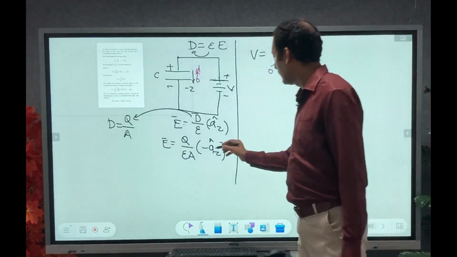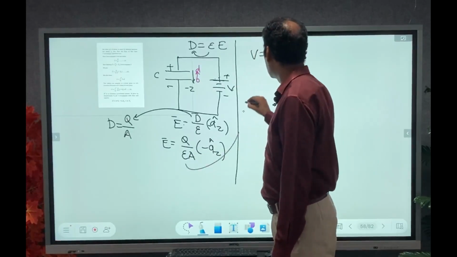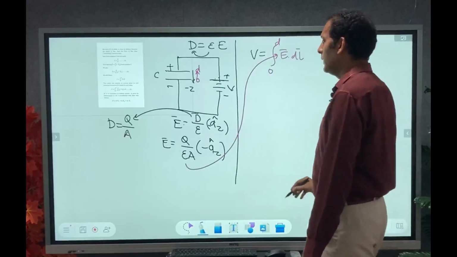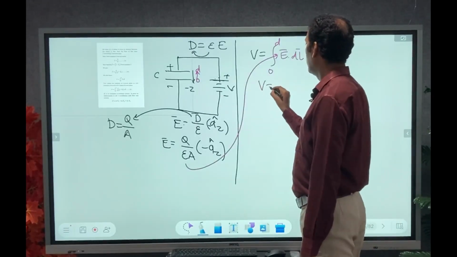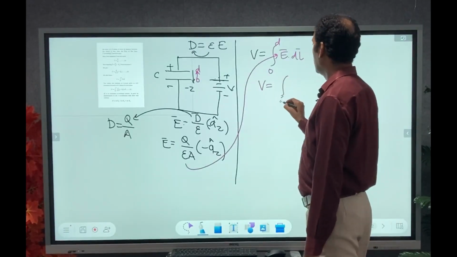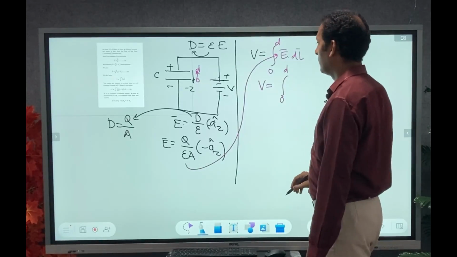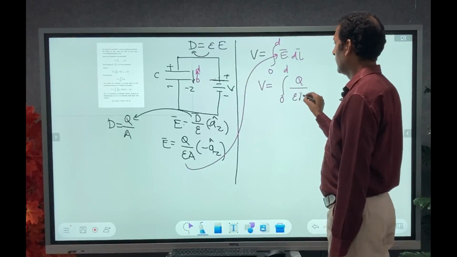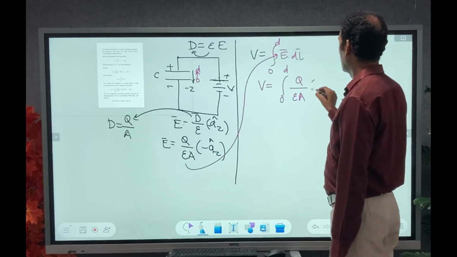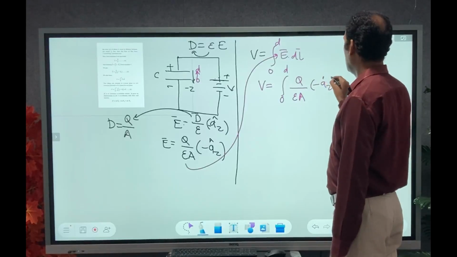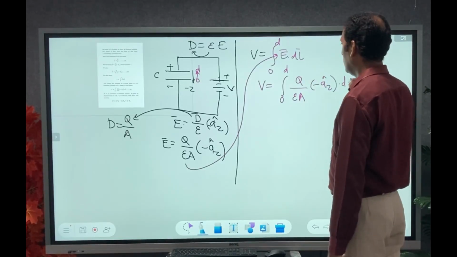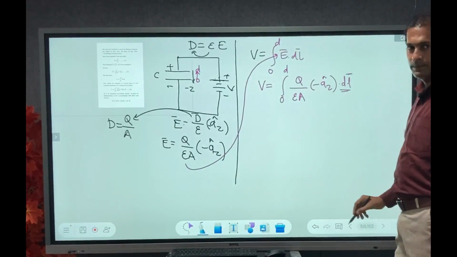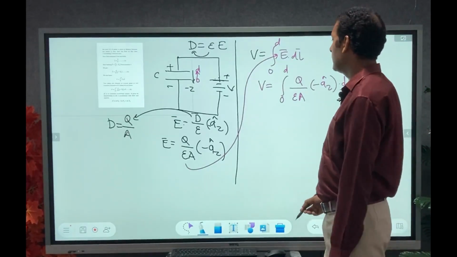Now here, if we keep the value of charge in place of E bar, what will we get? We will get V is equal to the integral with limits from 0 to D of Q by epsilon A minus az cap dot dl. Now what may be this dl? This is also a vector. It may have three directional components.